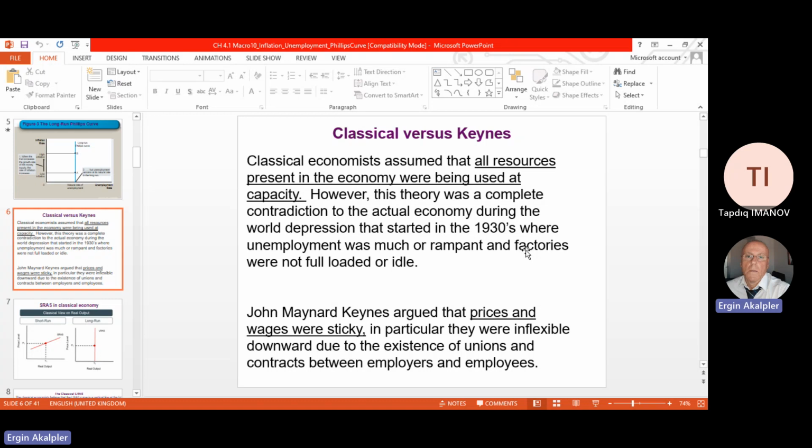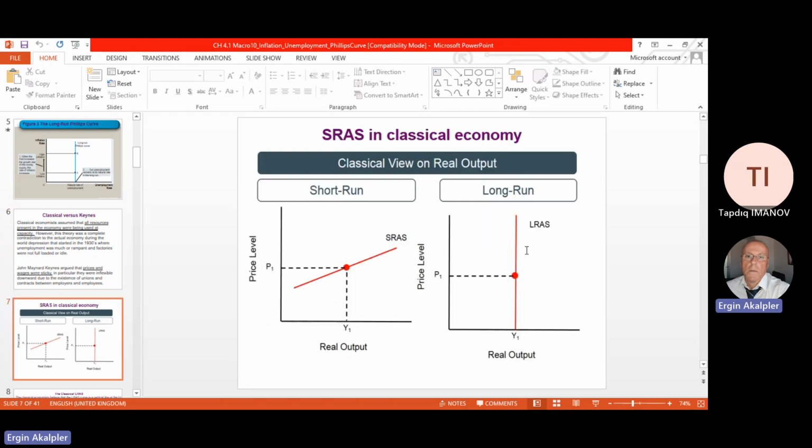Therefore, the existence of the unions and the contracts between employers and employees causes sticky wages and sticky prices in the economy, because it does not easily adapt to price changes.